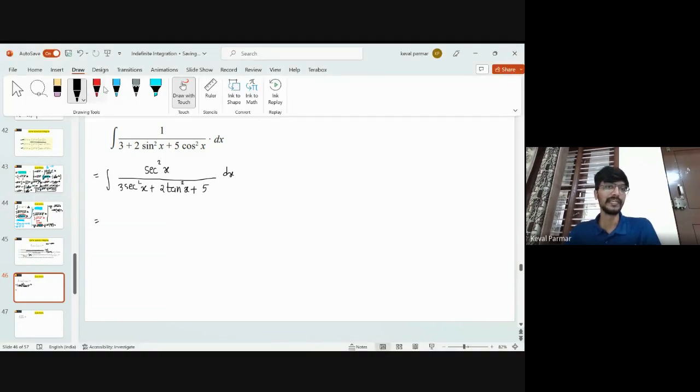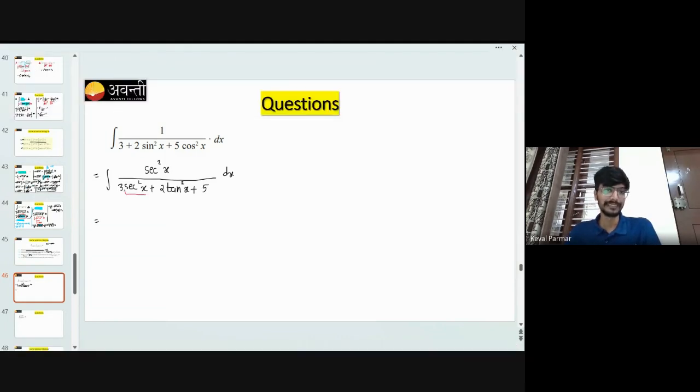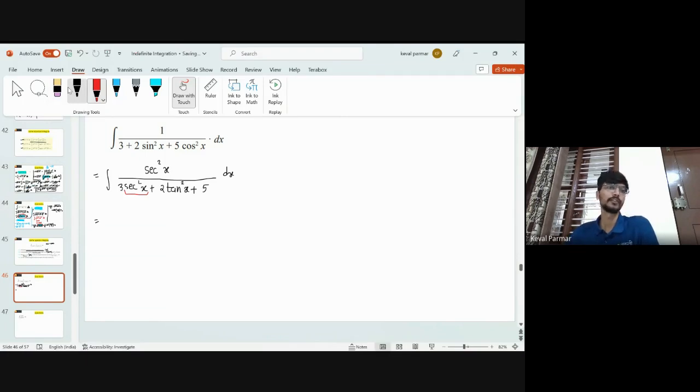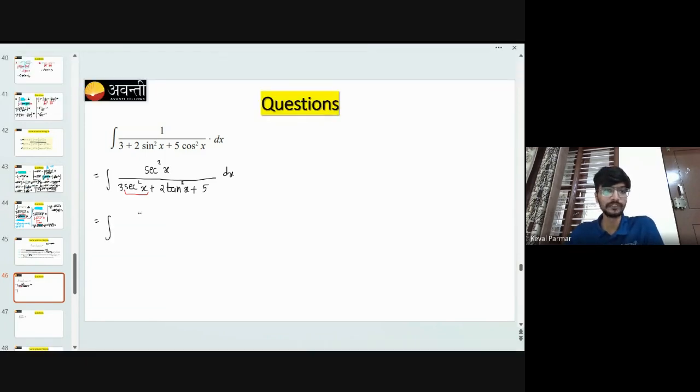Step 2: this term in the denominator, sec square x, we have to convert into tan square x. So I can easily convert it by writing sec square x as 1 plus tan square x, plus 2 tan square x plus 5 dx, right?